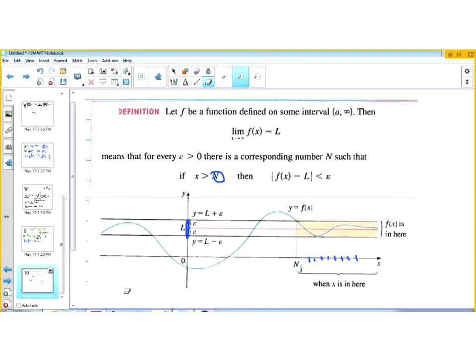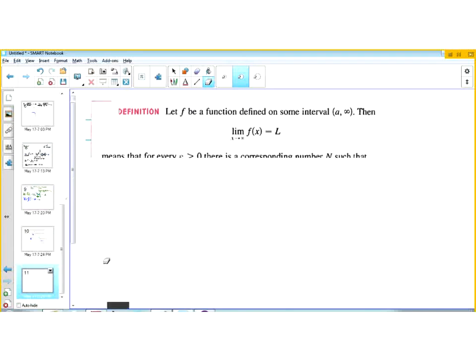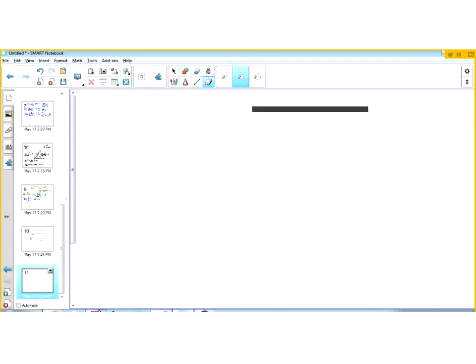All right, give me a second to post that into Smartboard. So let me grab the picture from the textbook.